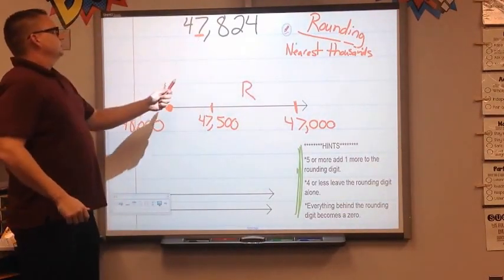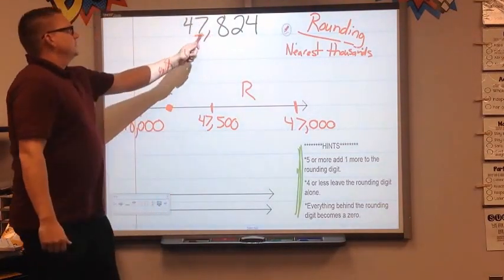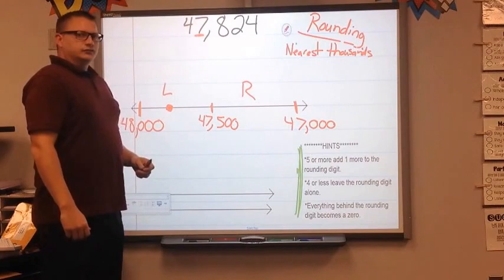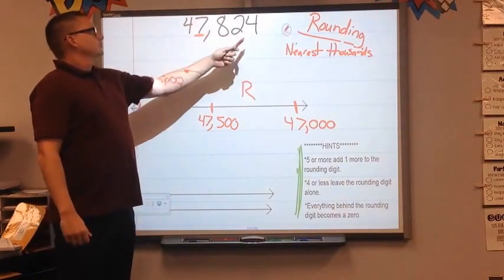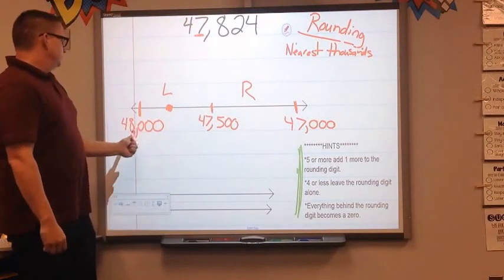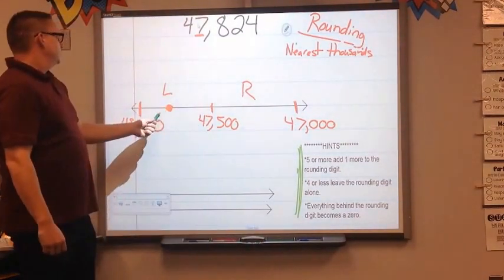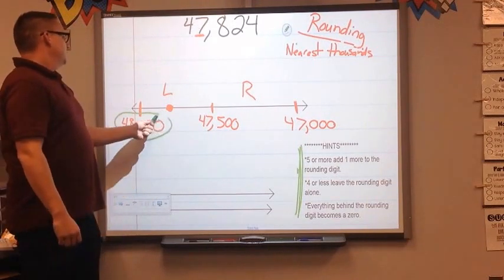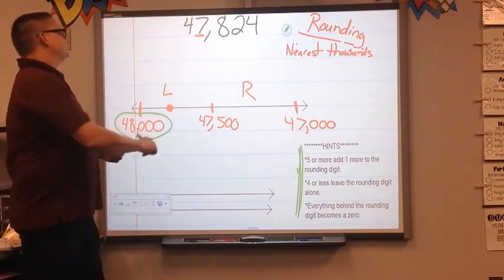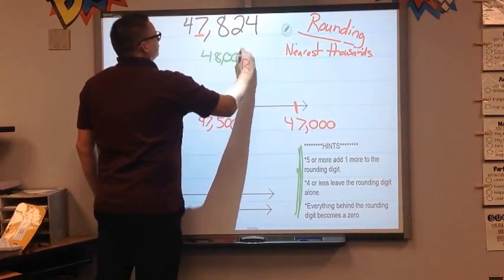Here's what rounding's all about: which 1,000 is 47,824 closest to? Is it closer to this 1,000 or is it closer to this 1,000? And I think we all agree, just by where it's at on the number line, that it's closer to this 1,000, 48,000. So our answer is 48,000.